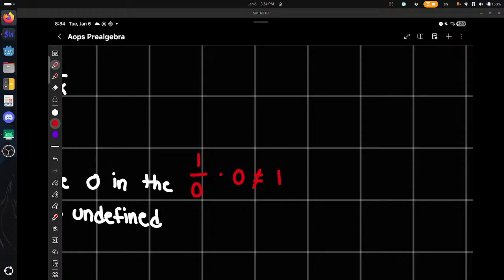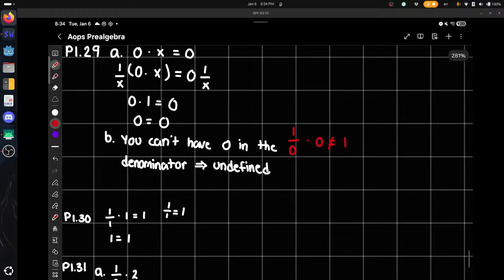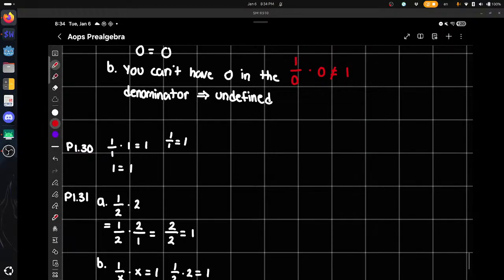Okay, problem 29 tells us that we have to be careful with reciprocals. A number must be non-zero in order to have a reciprocal. The reciprocal of 0 is undefined. Okay, let's now look at some properties of reciprocals. The nicest number for multiplication is 1, so it makes sense to first look at 1 over 1. Explain why the reciprocal of 1 is 1.